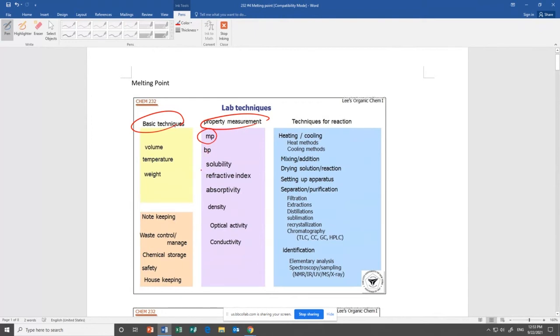And also we talked about solubility during the recrystallization, but I said we need this technique here and there. So make sure you know how to do it.